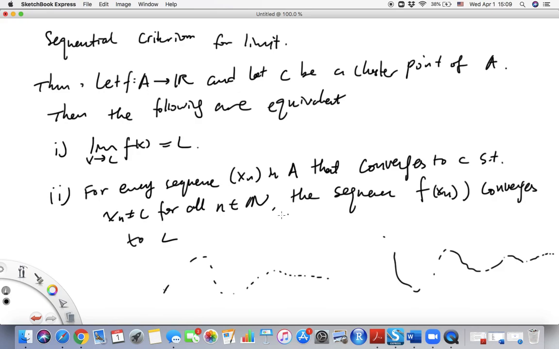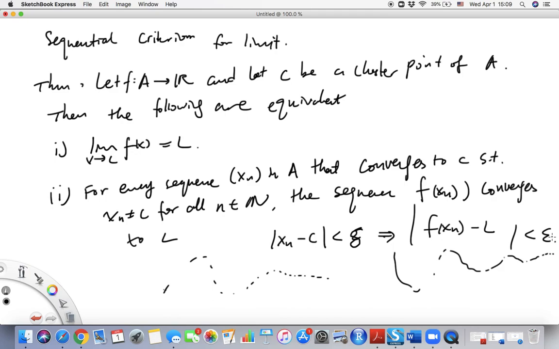Intuitively speaking, if xn minus c is small, say less than delta, then that implies f of xn minus L is also small. So that's a criterion for convergence.